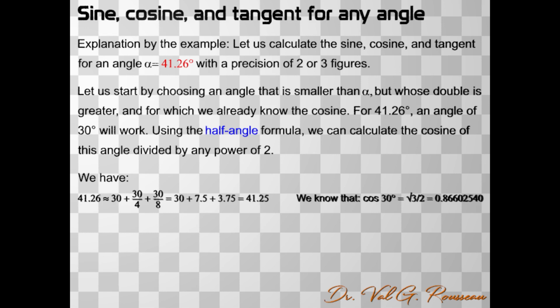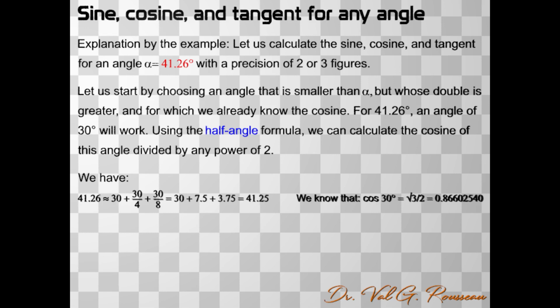So instead of adding 1/2 of 30, let us add 1/4. 30 plus 30 over 4 is 37.5. It is still not very good, so let us add to it 30 over 8. Now we get 41.25, which is very close to 41.26. We could keep improving the approximation by adding more terms, but let us work with what we have.